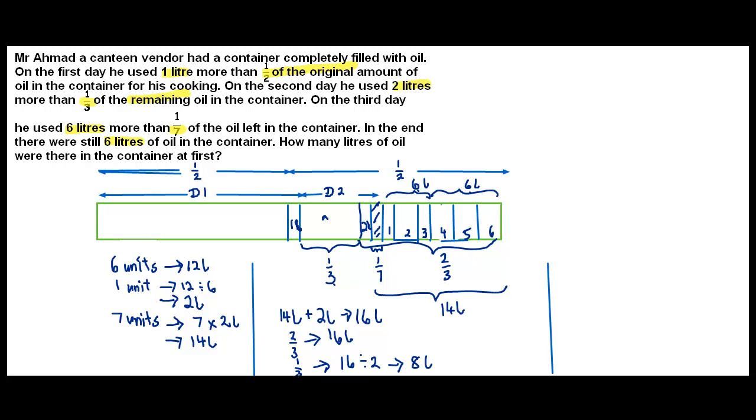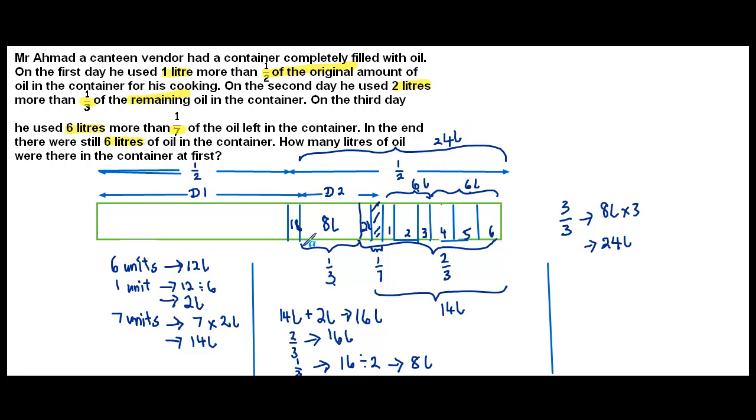We can actually find 3 parts. So 3 parts equal 8 liters times 3. This is 24 liters. So 24 liters would be from here right up to here. So this is 24 liters.